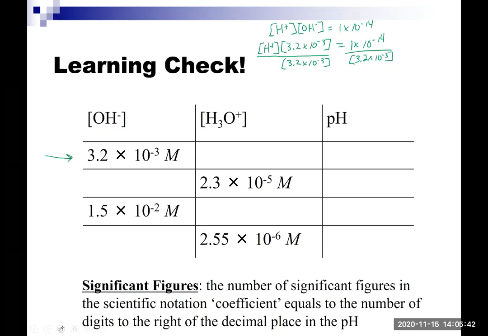It's going to cross cancel on the left, and we'll be left with H plus over there.